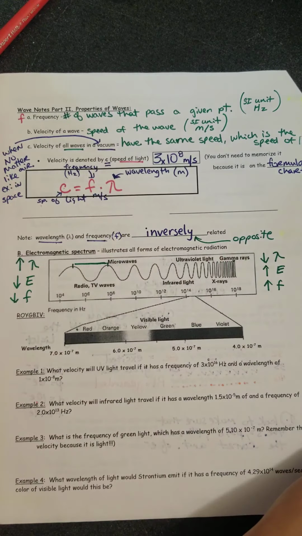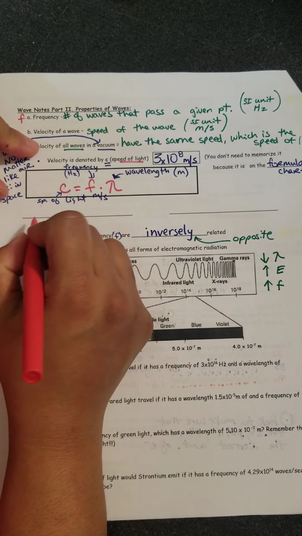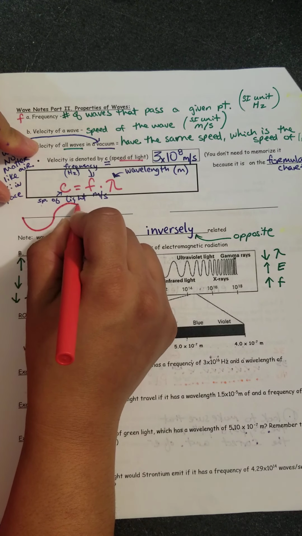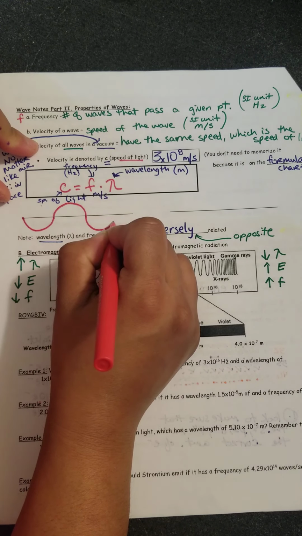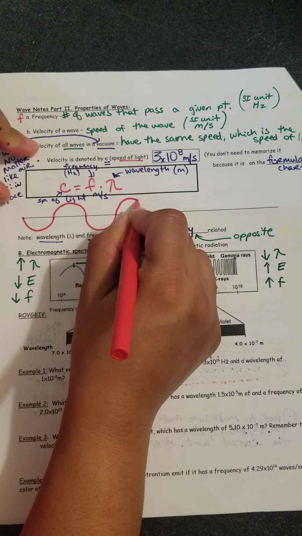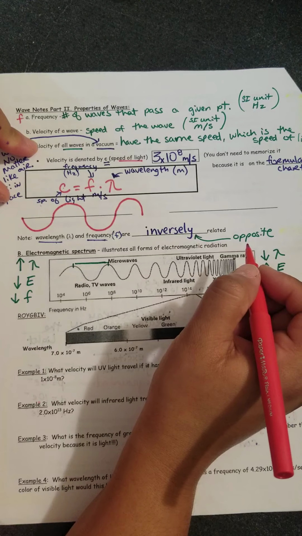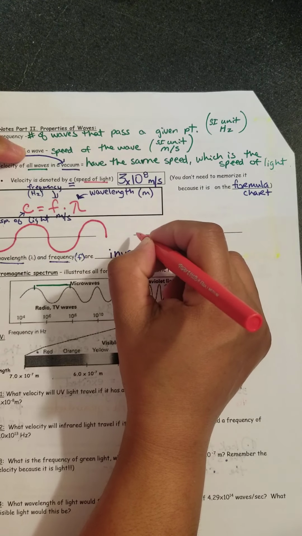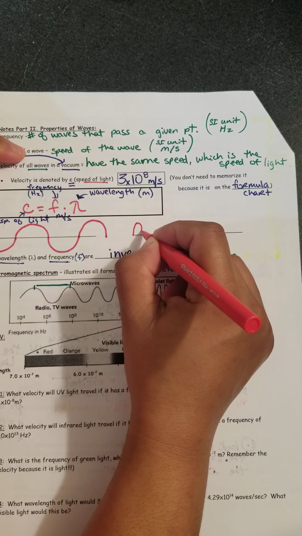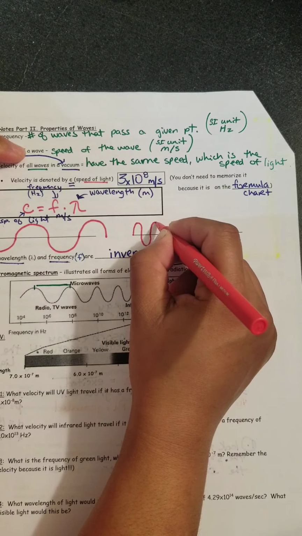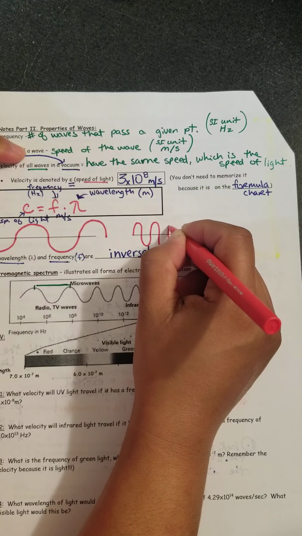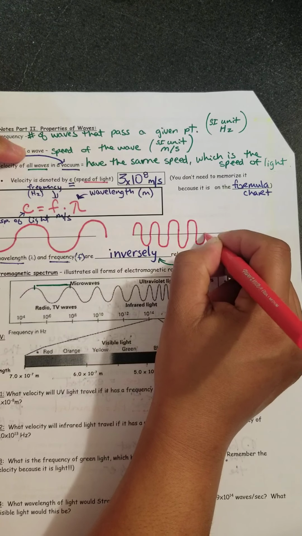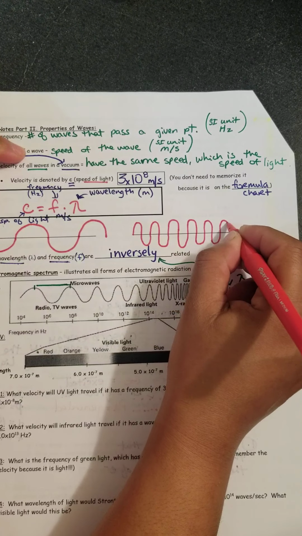I'm going to draw a wave. If I start here, and I go up, I go down, and I go up, and I stop right here. Now I'm going to draw a wave over here. I'm going to go up, down, up, down, up, down, up, down, up, down, up, down.